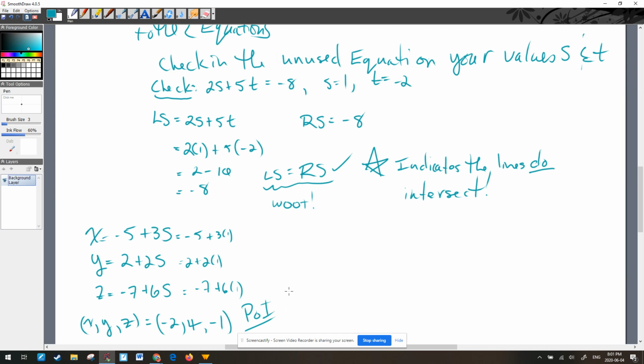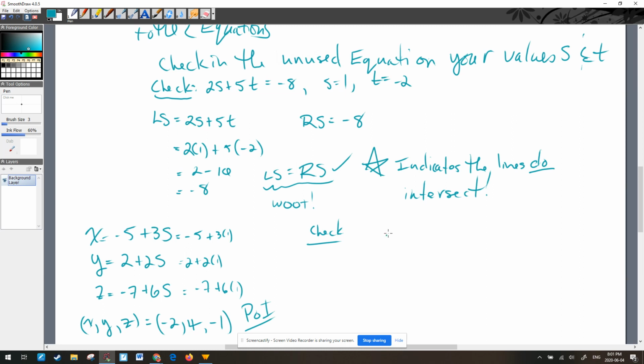Okay, so I contend that this is our point of intersection. And if I wanted to check it, which is not a bad idea, but on a test situation, I wouldn't take the time to do this. This would be a comeback to do it. Check it. We can choose the other original equation. And so I'm going to get the parametric form of that.